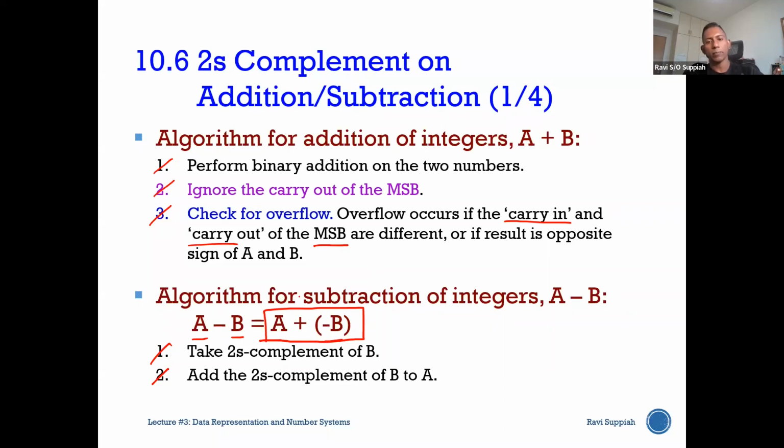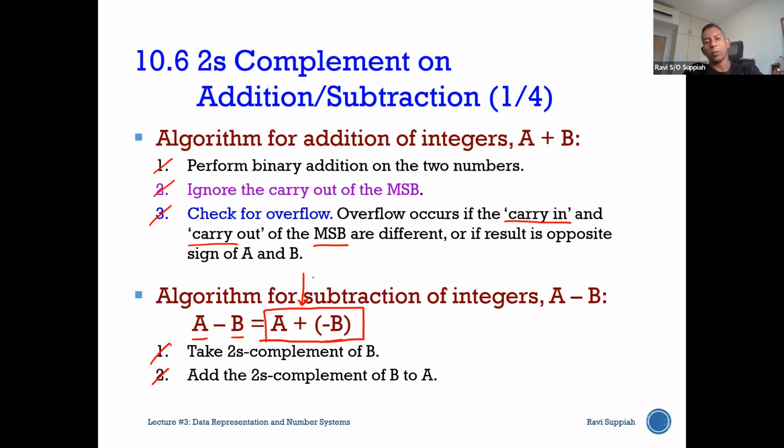Why do we do it this way? Because we want to reuse the hardware that we have. We will better appreciate this when we look at the MIPS processor later on. Basically, the addition requires a certain amount of hardware to be available on your processor.